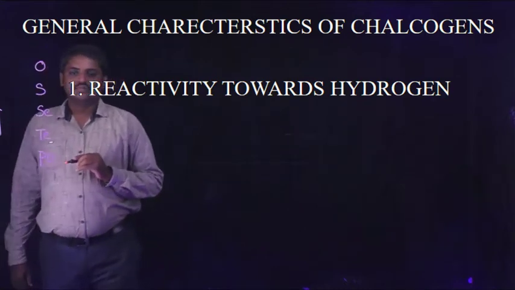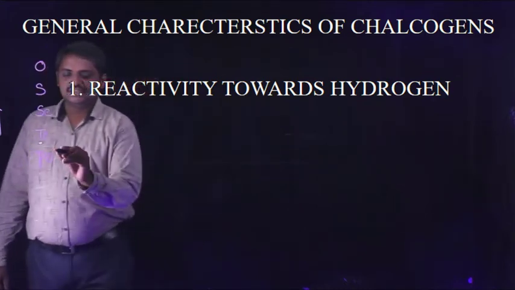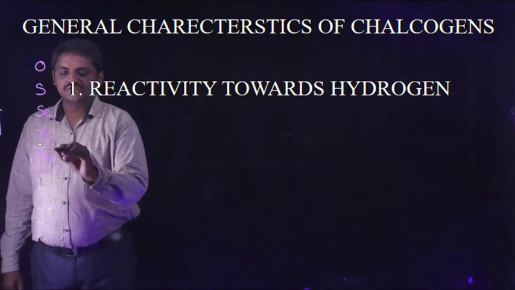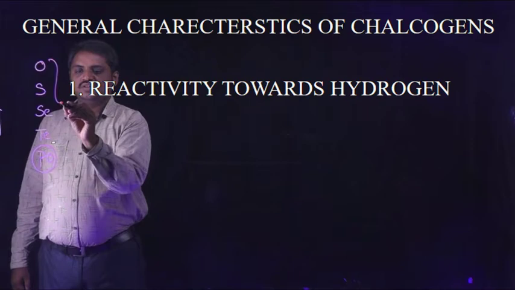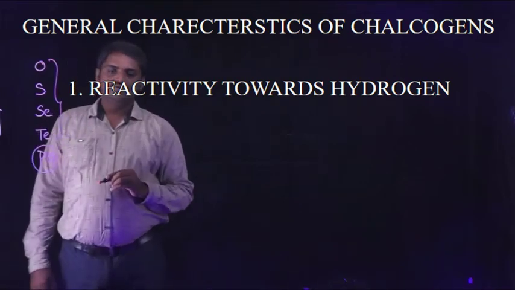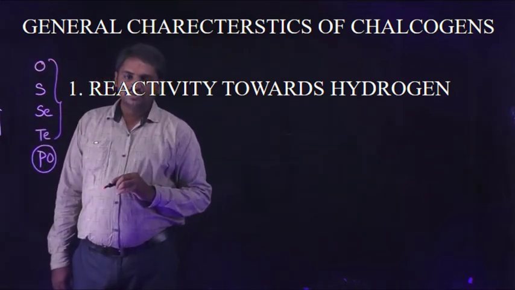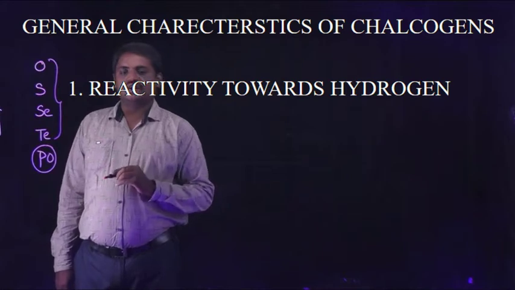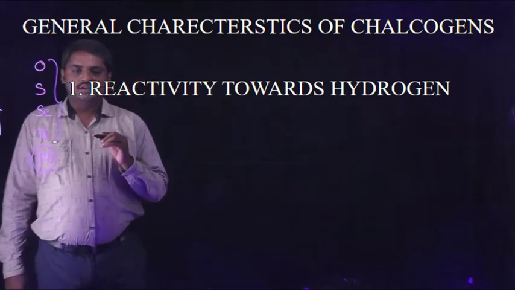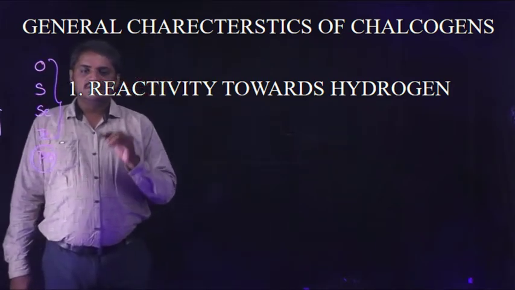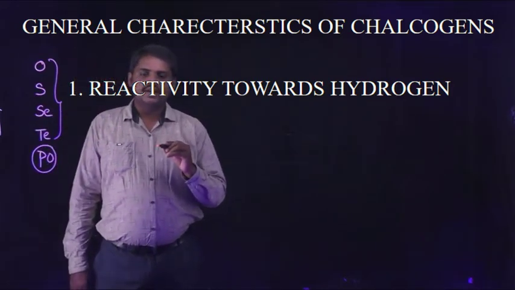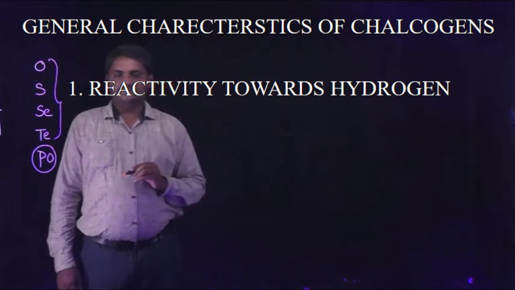Polonium is a radioactive element, and the remaining elements are known as chalcogens. Because these elements are available from ores, they are known as chalcogens.